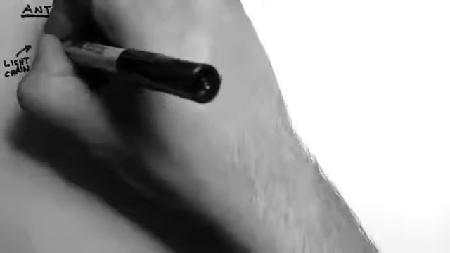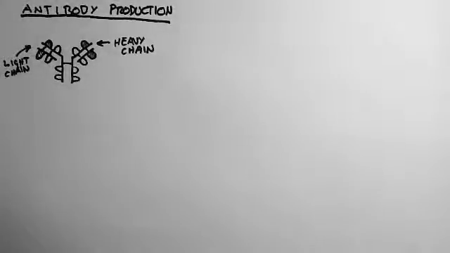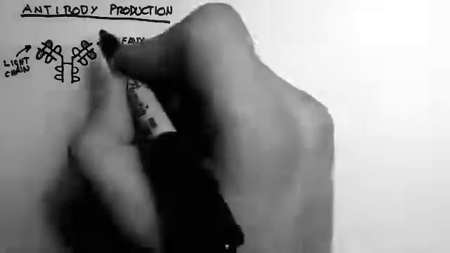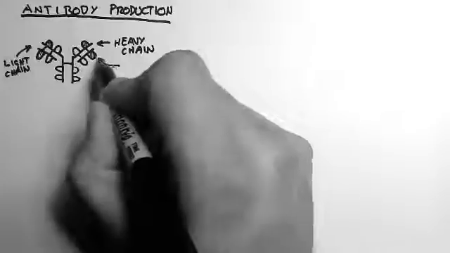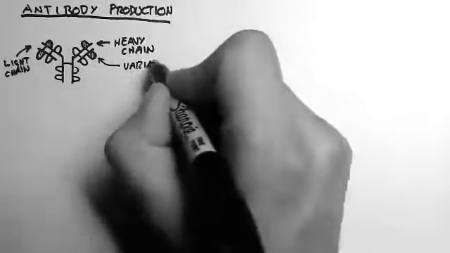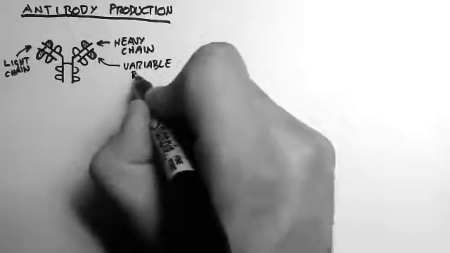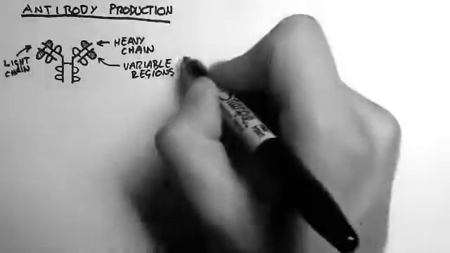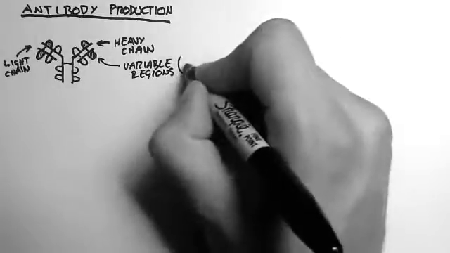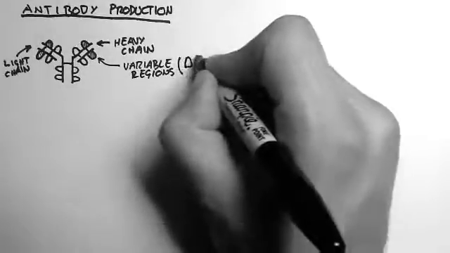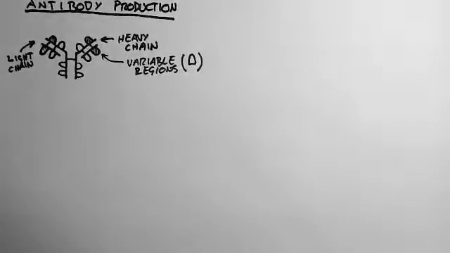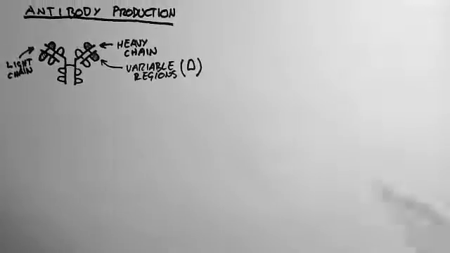There's one on the end of every heavy chain and one on the end of every light chain. And they're called the variable region, which is what gives the antibody its specificity for a pathogen. So they're those shaded in ones there.